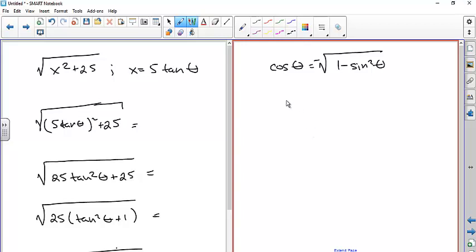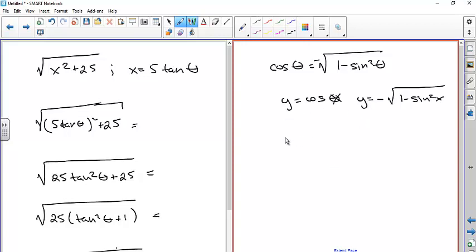There are two ways of doing this. You could plot y equals cosine of x, because that's what my graphing program uses, and y equals negative the square root of 1 minus sine squared of x, and see where they're the same curve.